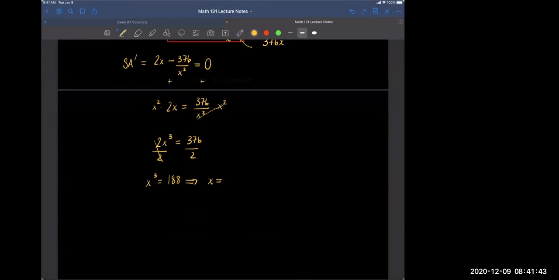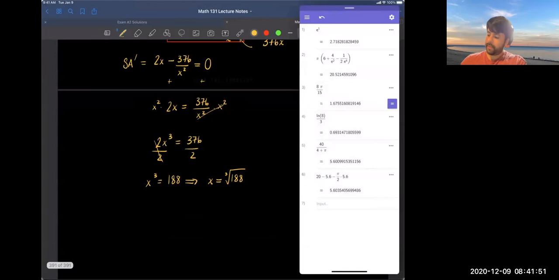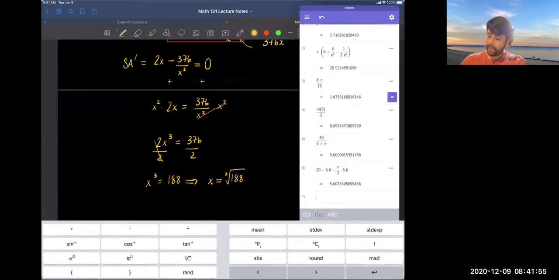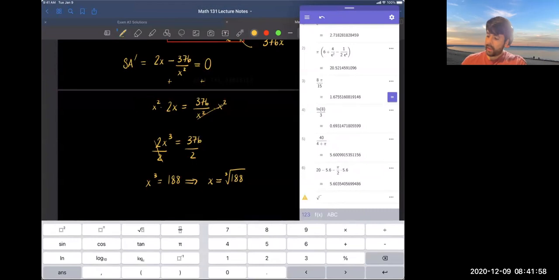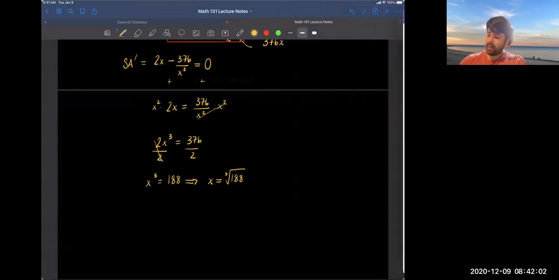You have to take the cube root of both sides. Correct. So this is the cube root of 188. And that would be what? It's 5.72.